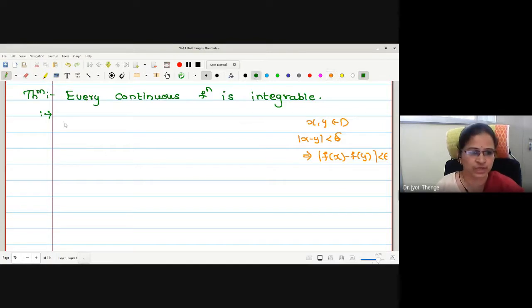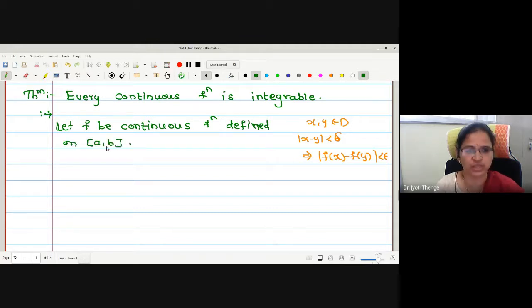Okay, before proving that, let me assume a function. Let f be a continuous function defined on the closed interval AB.